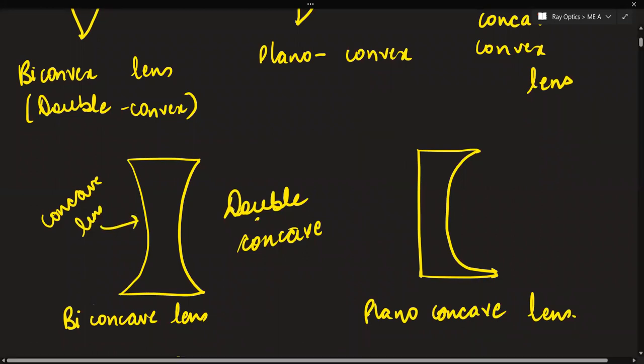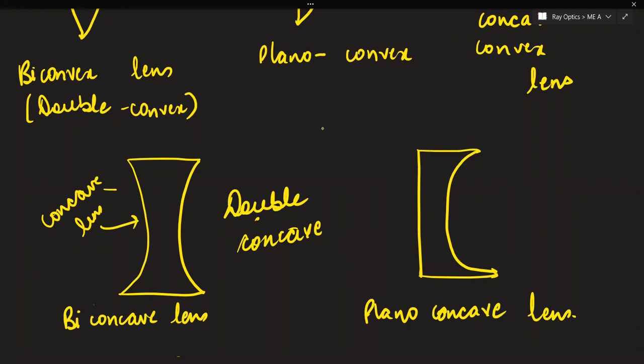This concave lens is known as a diverging lens. In the convex lens case, you have the rays converging at a point. At their focus, the rays get converged. And the concave lens just diverges the rays.